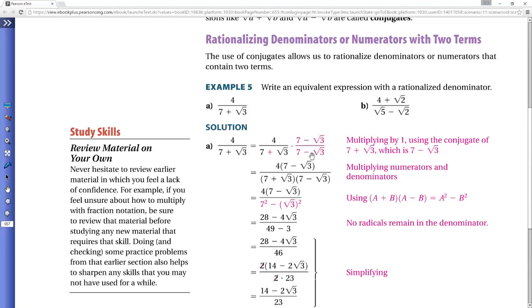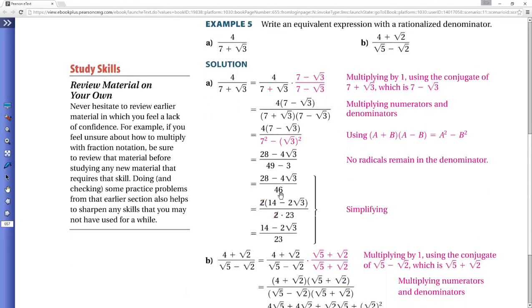Well, when I do this multiplication in the denominator, that's the difference of squares. That gives me 7 squared, the first term squared, minus the second term squared, so that I do not have a radical in my denominator anymore. So I end up with 49 minus 3, which is 46. And then I also have to distribute this 4 times this 7 minus the square root of 3.